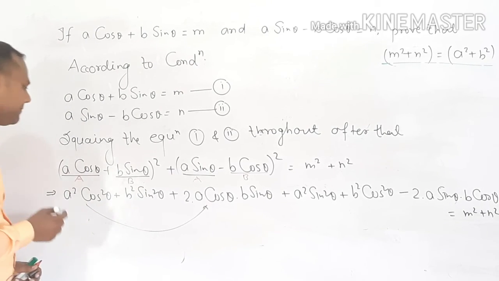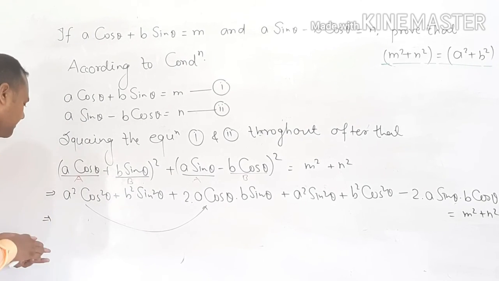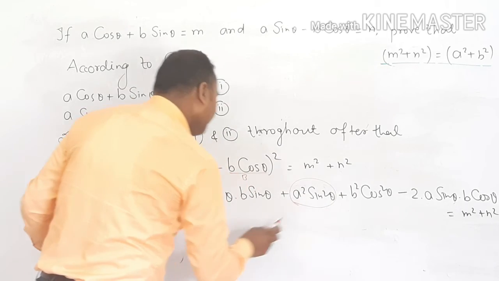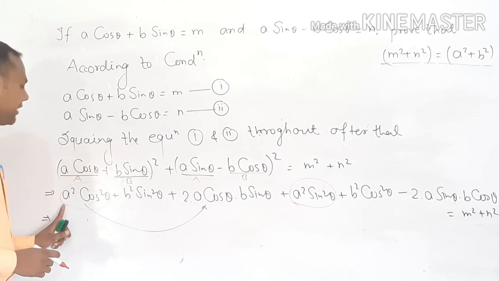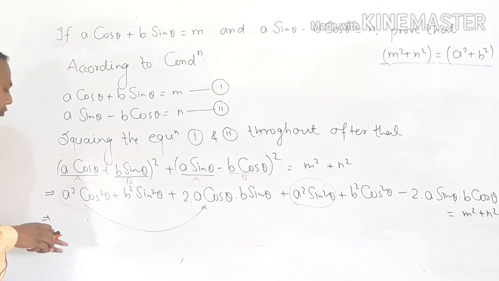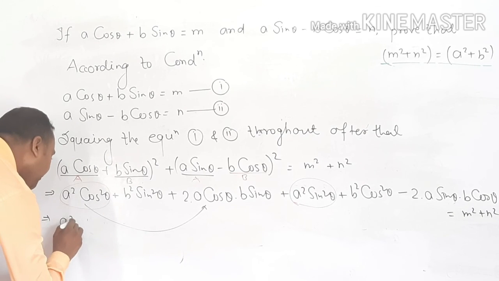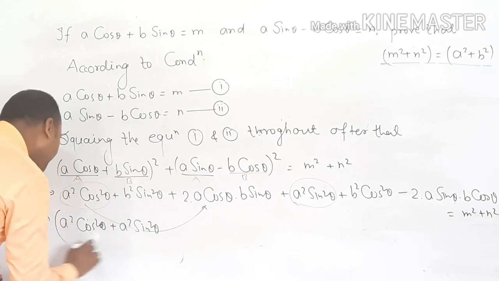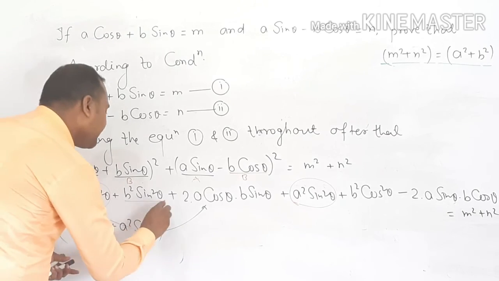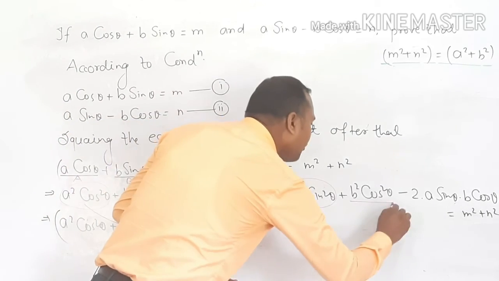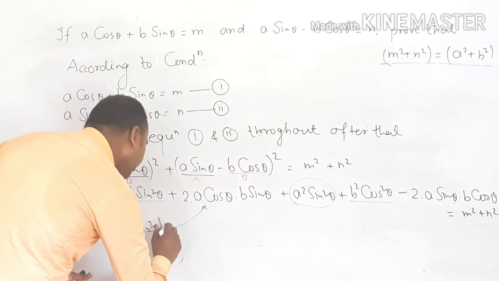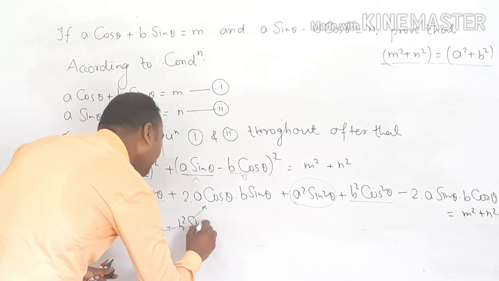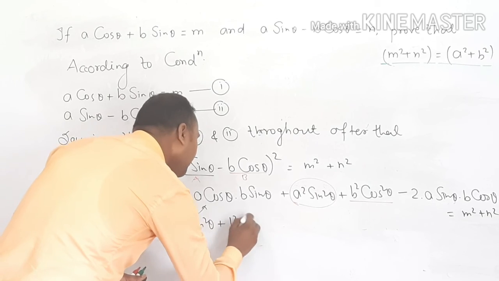And let us discuss a square cos square theta and a square sin square theta, mutually paired. Why so? Because in this section a square will be common, so we have to arrange in this form: a square cos square theta plus a square sin square theta, same as b square sin square theta and b square cos square theta, plus b square sin square theta plus b square cos square theta.